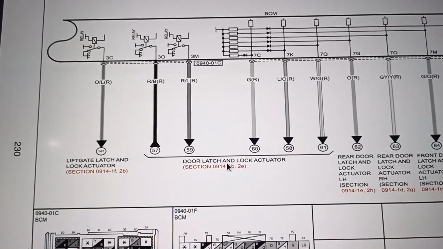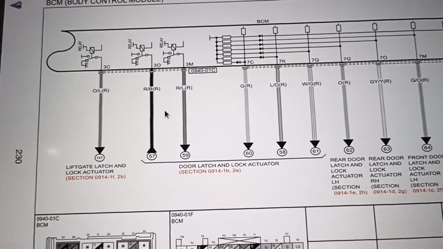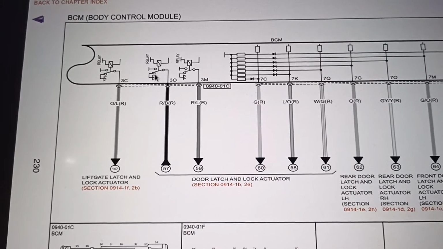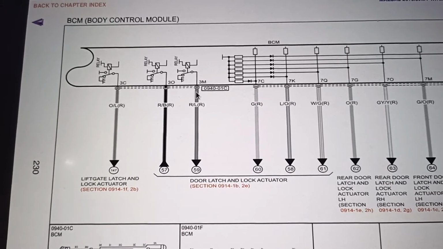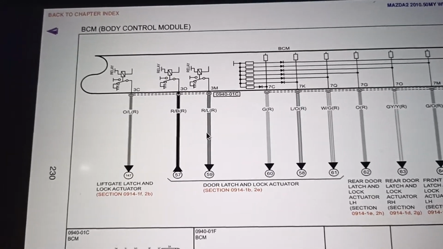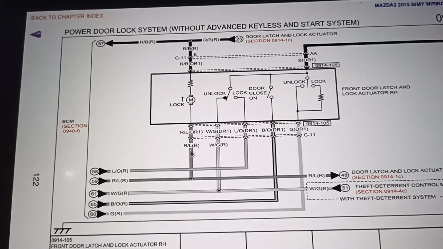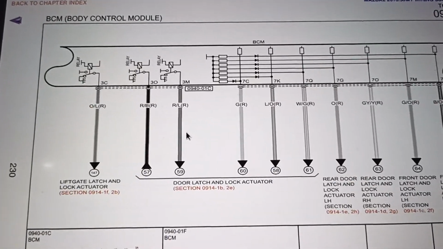As you can see, it covers both 1B and 2E. In the end, it works exactly the same. You have constant ground here and here, which is constantly being passed on those two wires, and those two wires are actually going from the two sides of the motor, from here and here. So the motor is constantly being supplied with two grounds.